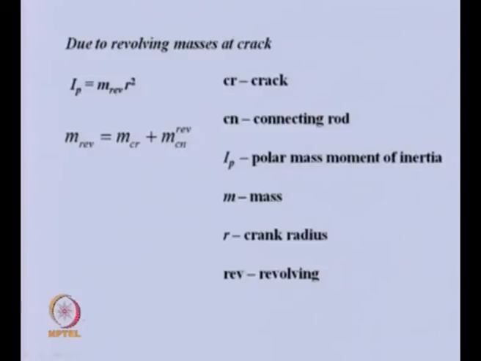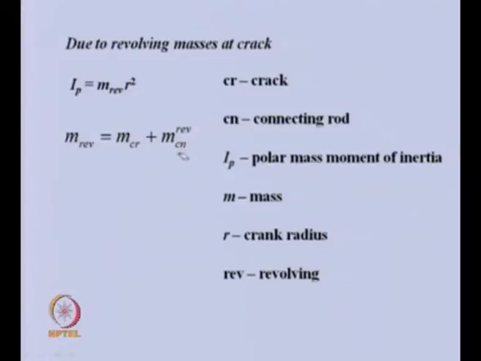Now, coming to the revolving masses at the crank. The polar moment of inertia will be given by the total revolving mass of the crank times r squared, where r is the crank radius. And this revolving mass will be the revolving mass of the crank itself as well as from the connecting rod.